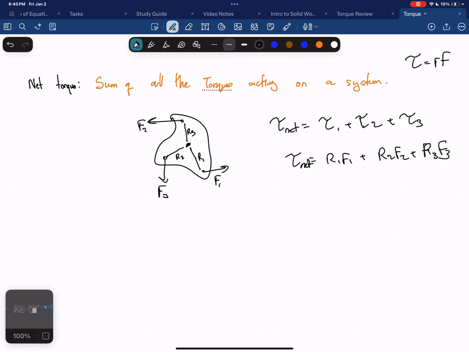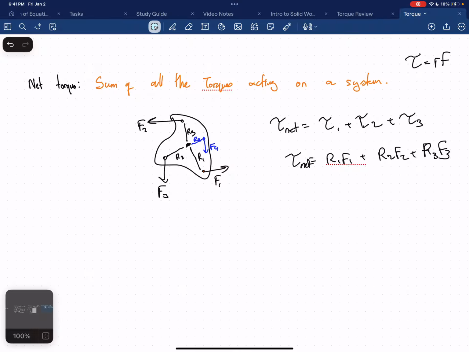And notice these are all positive, and the reason they're all positive is because they rotate the system in a counterclockwise direction. But if one of the torques, let's say for example we had a torque here that pointed downwards, let's say this is R4, F4, it would have a negative sign.